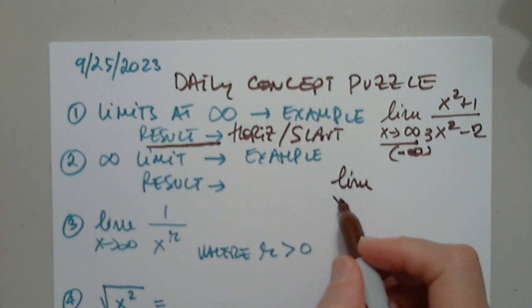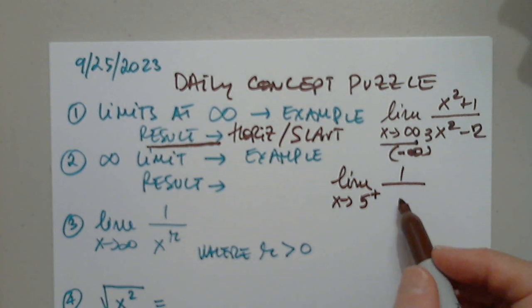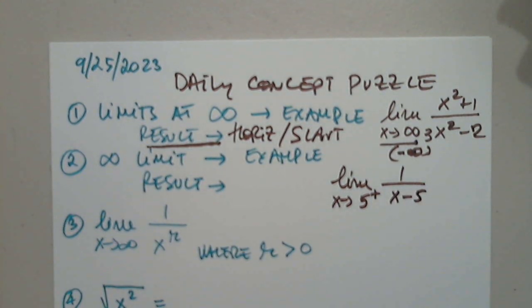Yes. So the limit as x approaches 5 from the right of 1 over x minus 5 is infinity. Exactly. Any questions here?